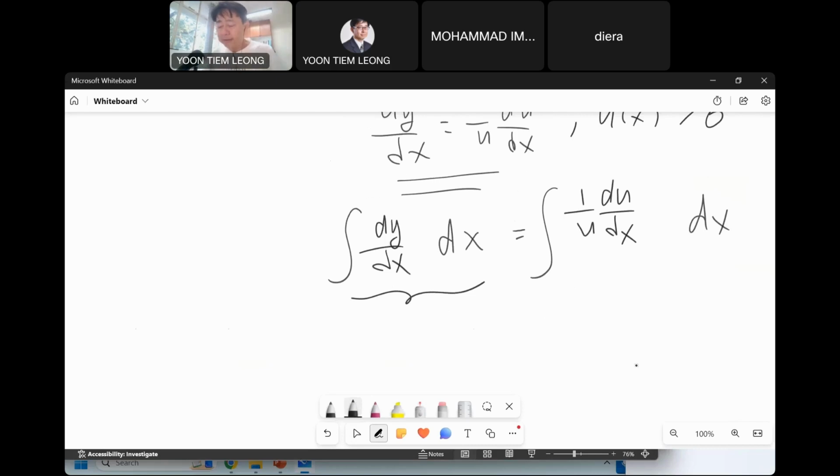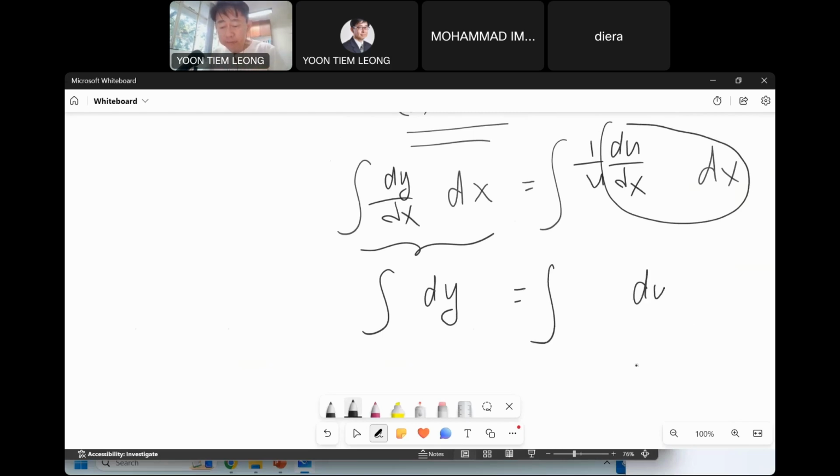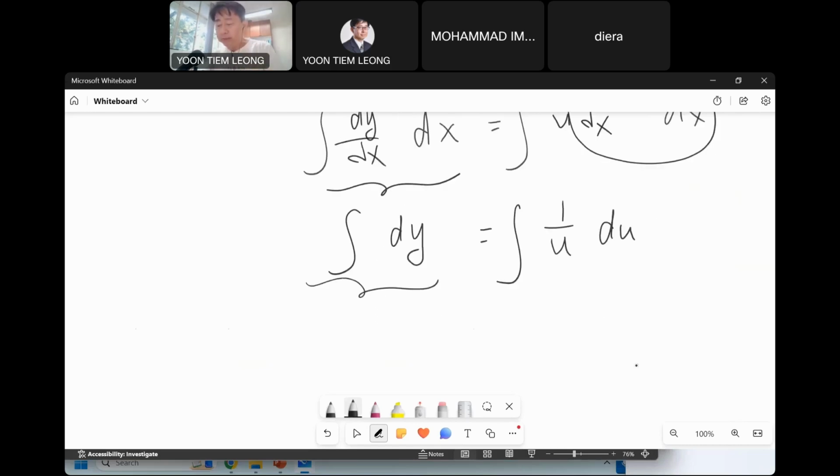I'm looking at the left-hand side. This product of dy/dx with dx is nothing but just the differential dy. And on the right-hand side, the product of du/dx with dx is just the differential du. So I have this relationship. And what is this?